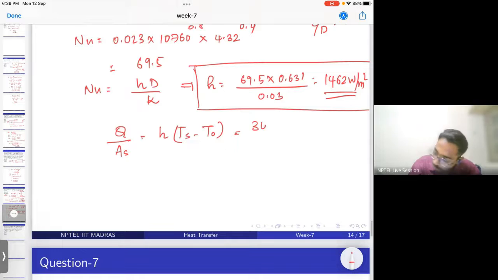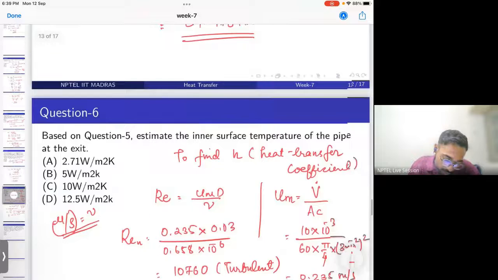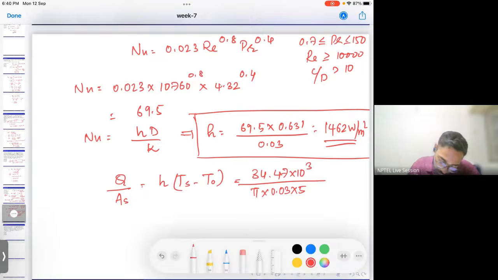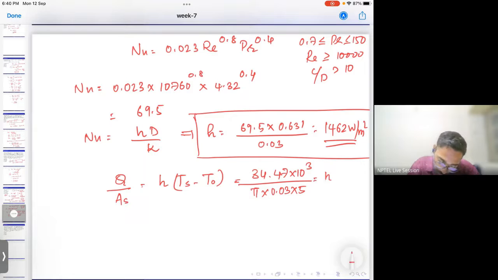So 34.4 into 476 into 10 raised to 3 divided by pi D L is equal to H times T surface minus T.